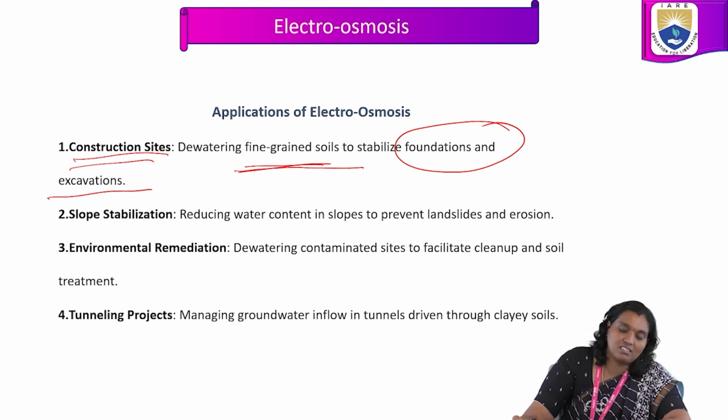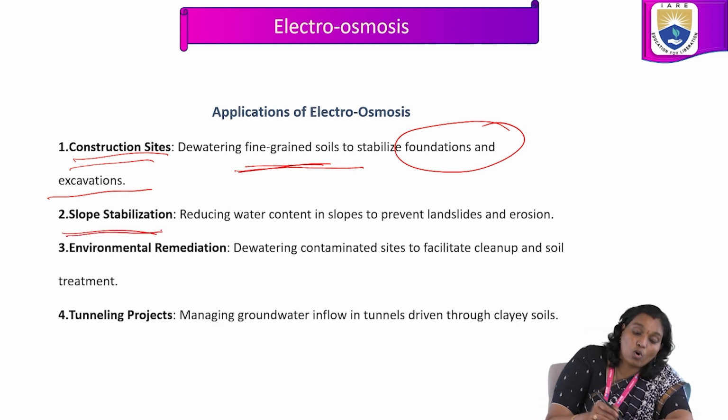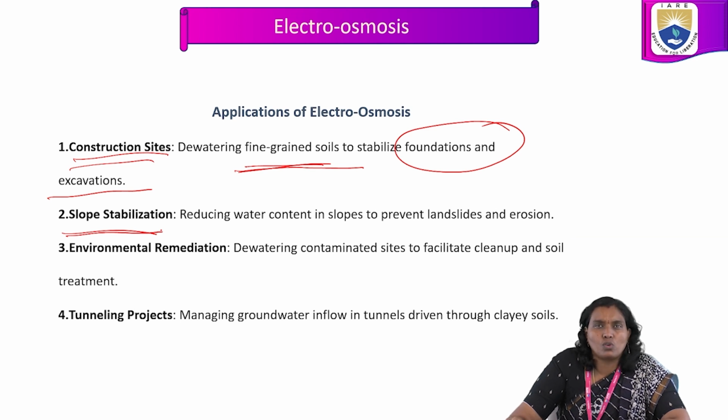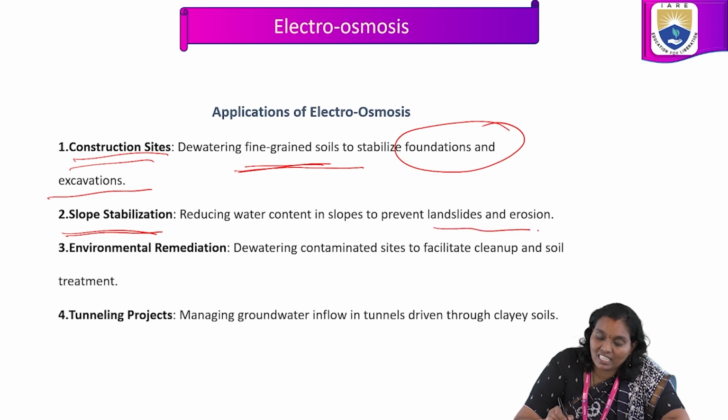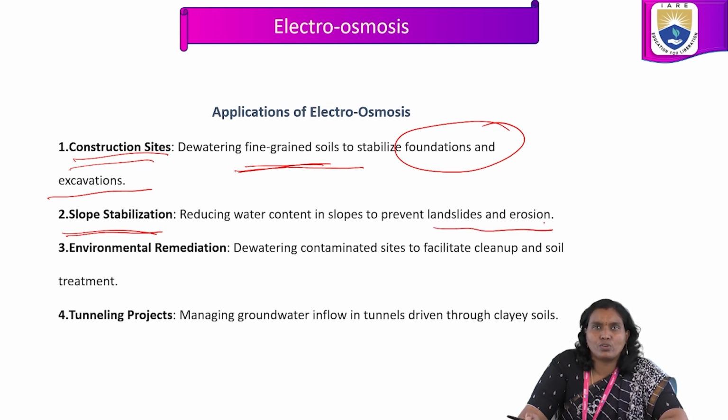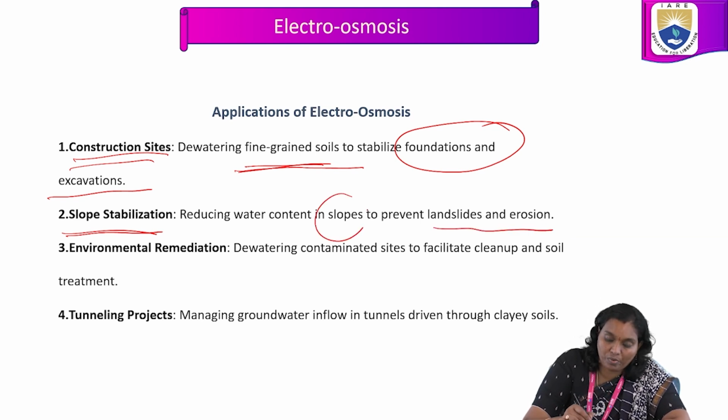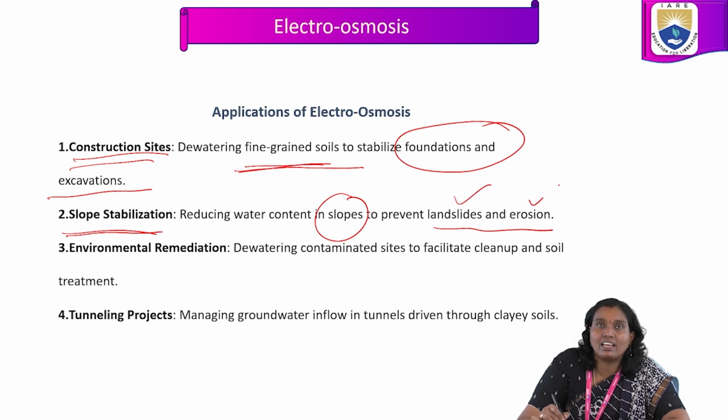The next one is soil slope stabilization: reducing water content in slopes to prevent landslides and erosion.